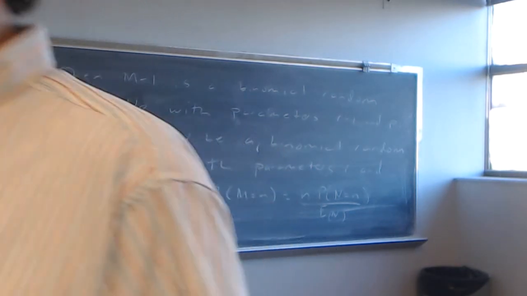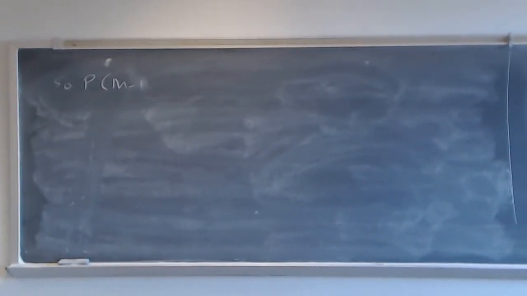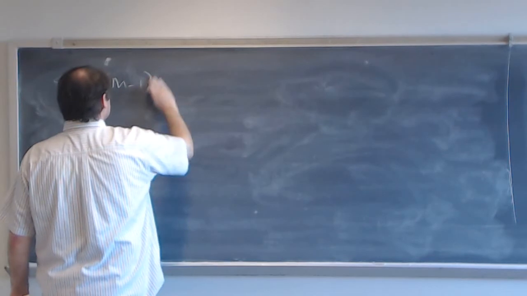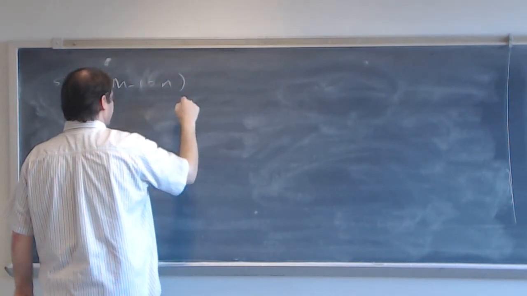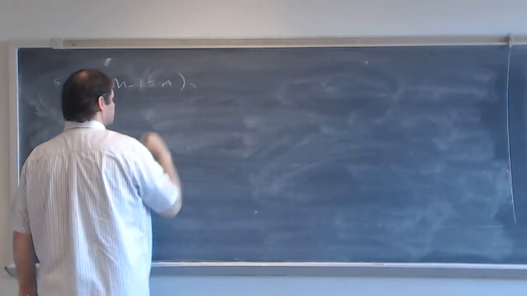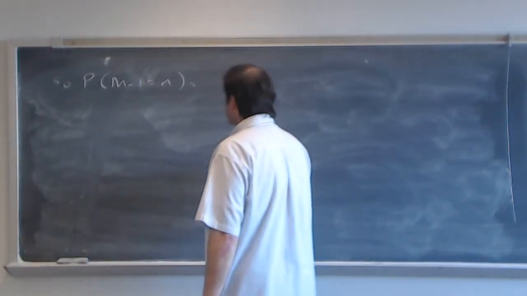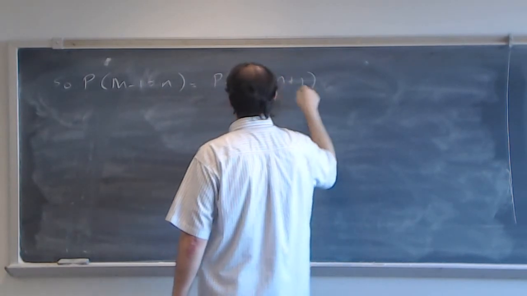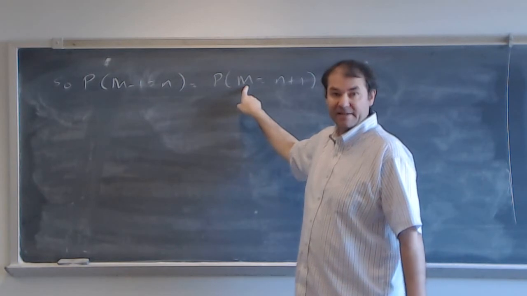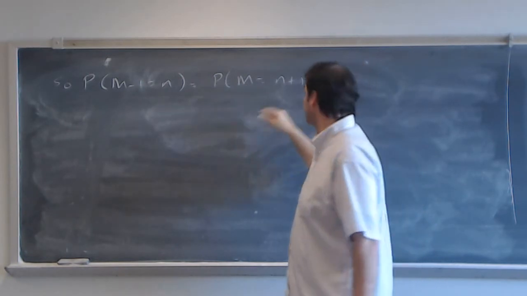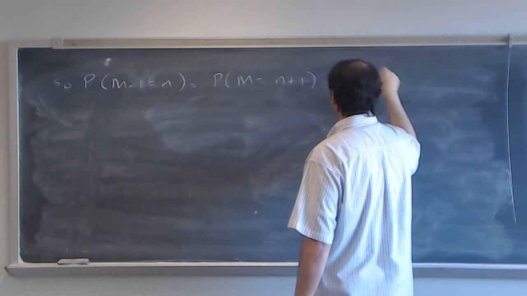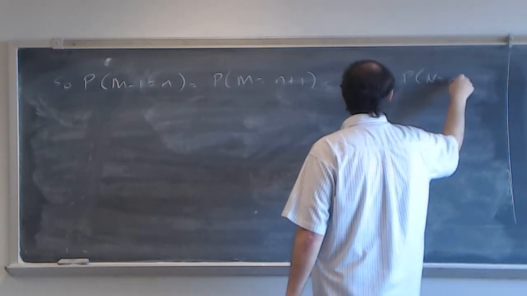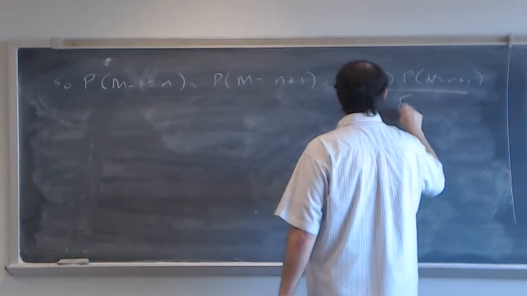So let's go back now. Probability that m minus 1 is equal to n, that's the same thing as the probability that m is equal to n plus 1. So I'll write it this way because I know something about m that's related to n. And so that's n plus 1 times the probability that n equals n plus 1, over the expected value of n.